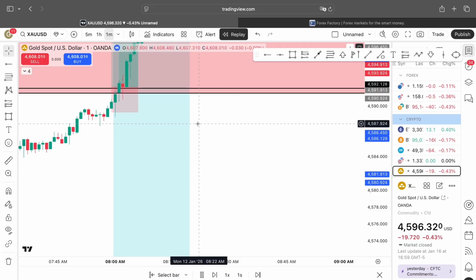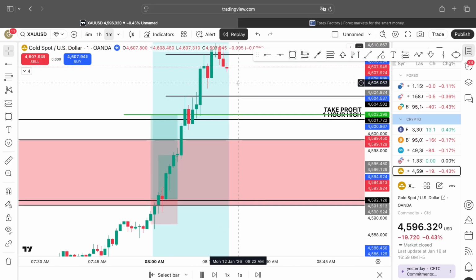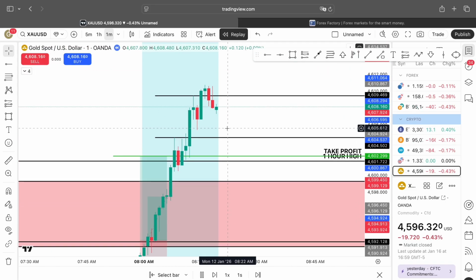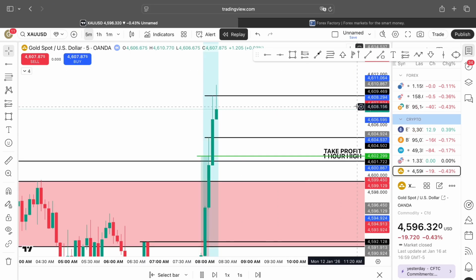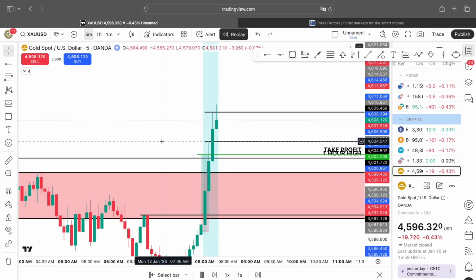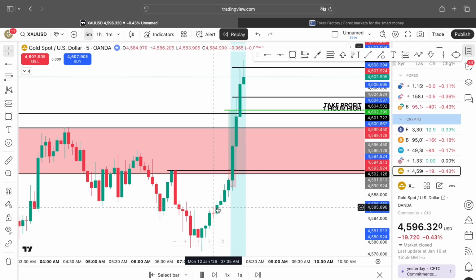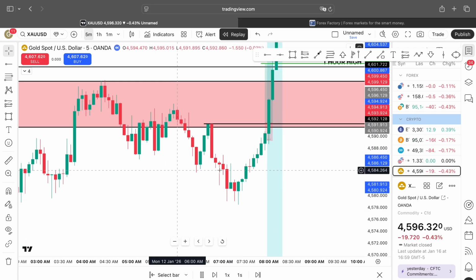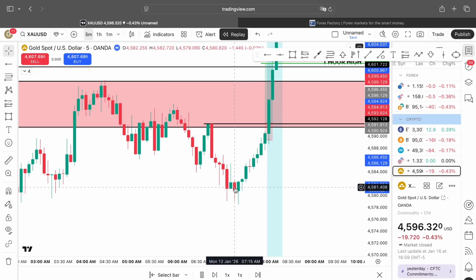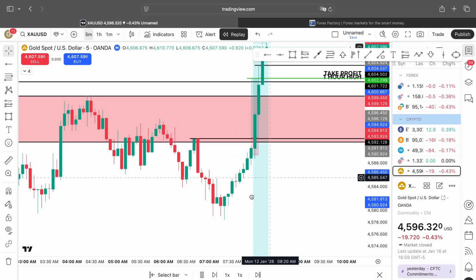But another thing too, y'all, I just want to go over this really briefly. If you want, you could wait for price to pull all the way back down to this area, to this candle, the 7:15 candle or the 7:35 a.m. candle, before you look for an entry.